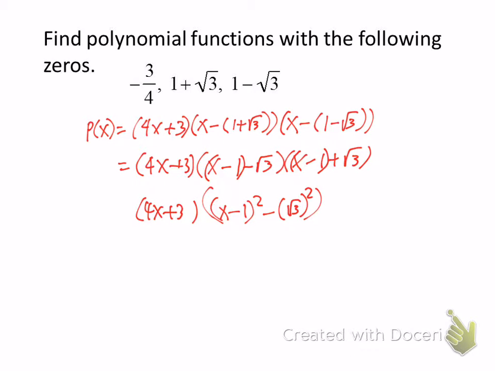Foiling this out, some of you forgot how to foil, actually quite a few of you, but that's going to be x squared minus 2x plus 1 minus 3. And that's going to give me x squared minus 2x minus 2 times 4x plus 3.